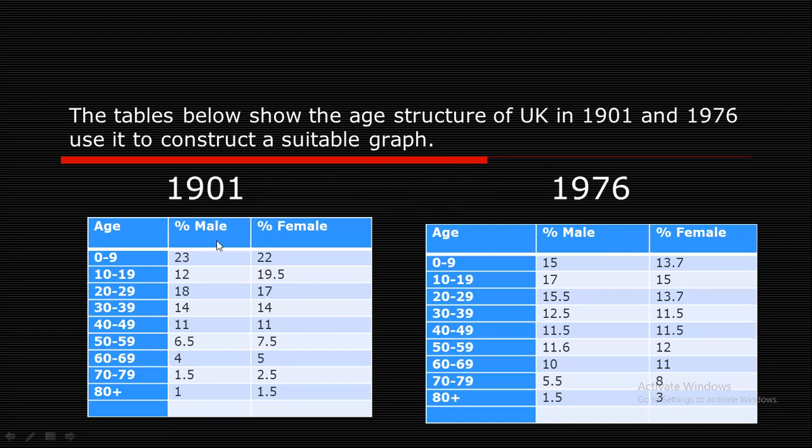Then we shall be able to tell that in 1901, the population was 23 million people. Yet, now we realize in 1976, it is 15. And if we are going to make an analysis, then we shall say, what could have caused the change? Why is it that the population was 23 and it was 15?